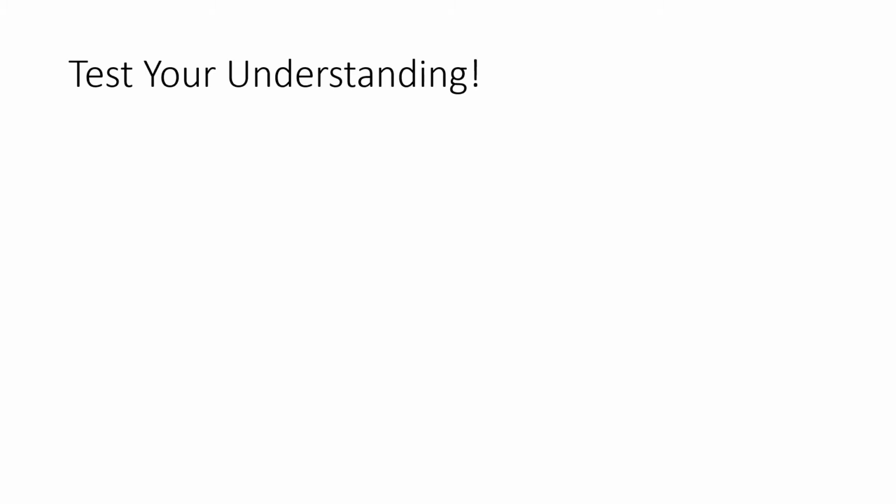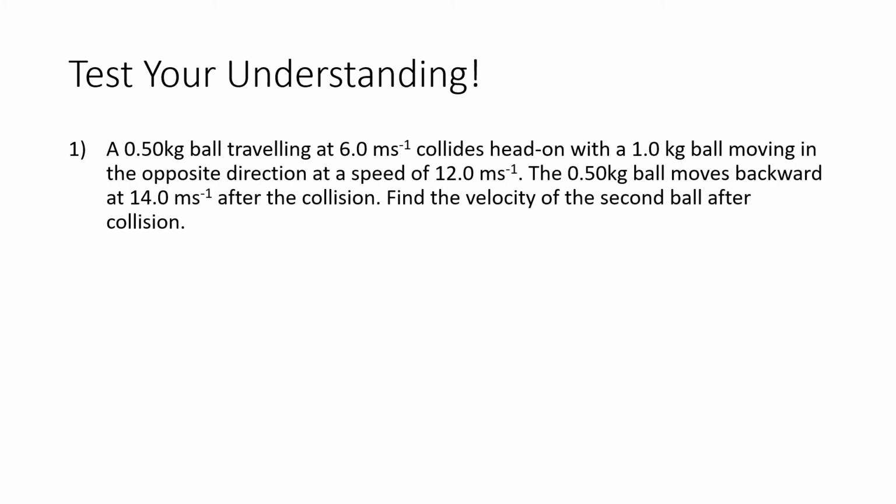Now that I have explained what momentum is and the principle of conservation of momentum, let's do some questions to test your understanding. You can pause the video to read the question first. In order for us to solve the question, we need to know the situation before collision and after collision.